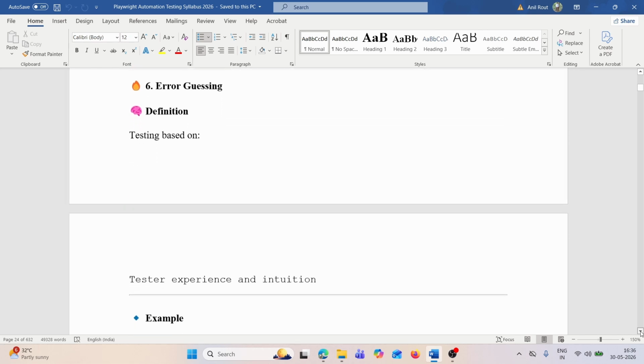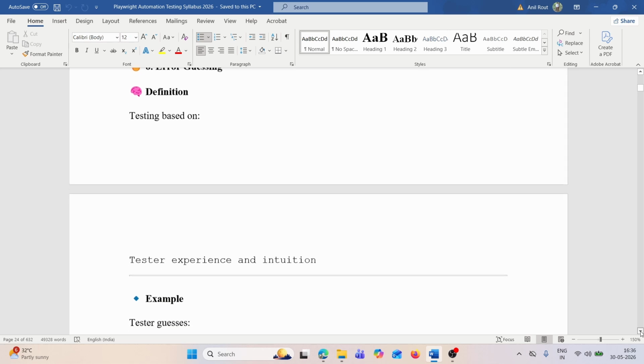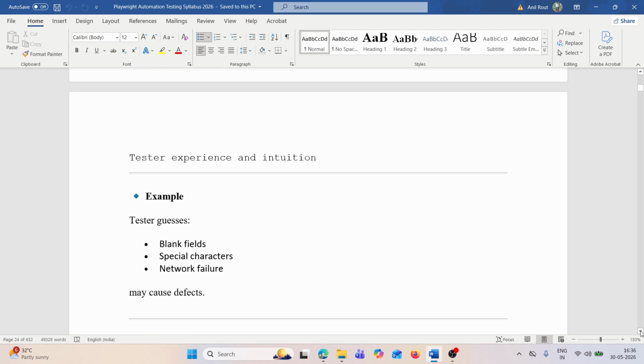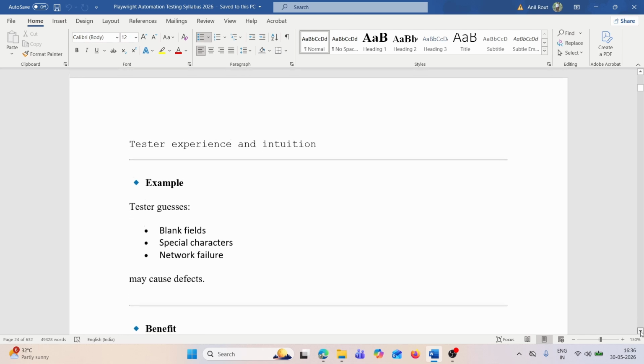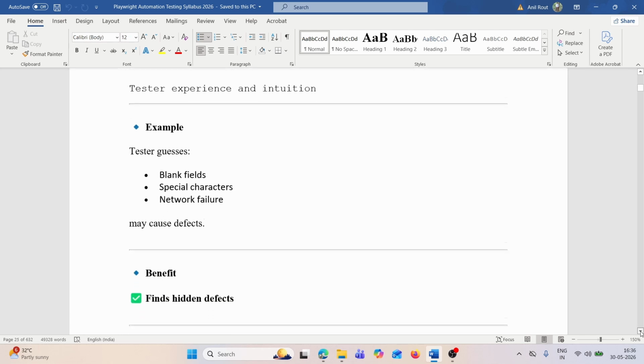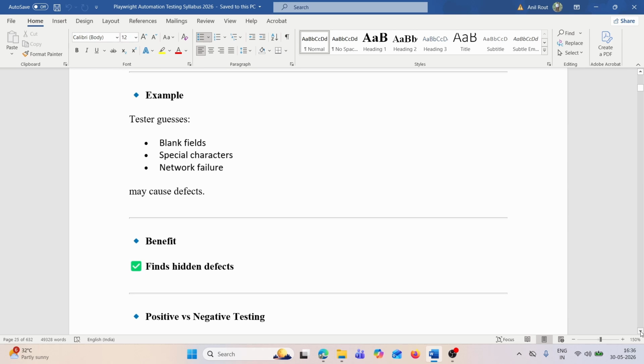The next one is error guessing. Definition is testing based on tester experience and intuition. Example: the tester guesses blank fields, special characters, network failure.